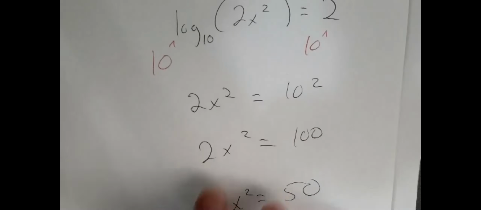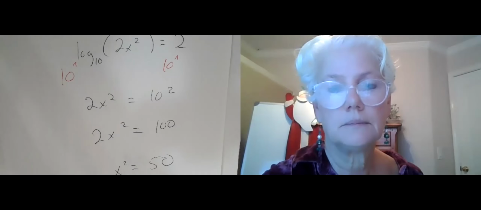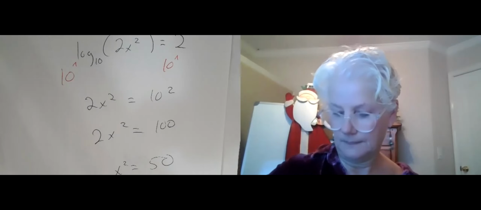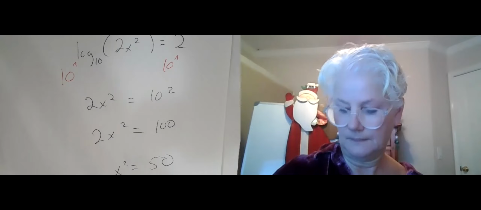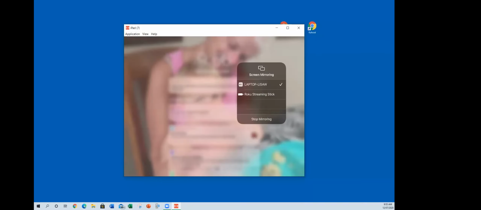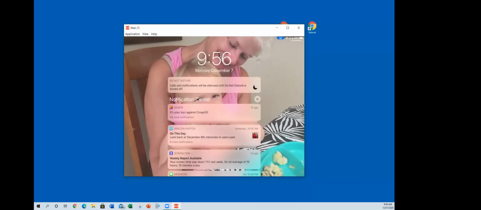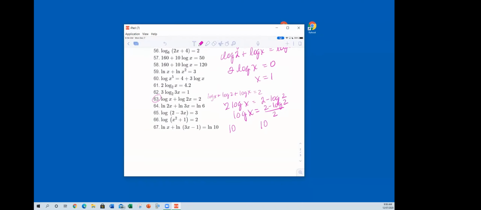Now, let me show my screen real quick. I'll just show you. It's super ugly. See, I took the log x plus log 2x, and I split that up to be log x plus log 2 plus log x, and then I got 2 log x is 2 minus log 2, and then I get this ugly thing for my answer.